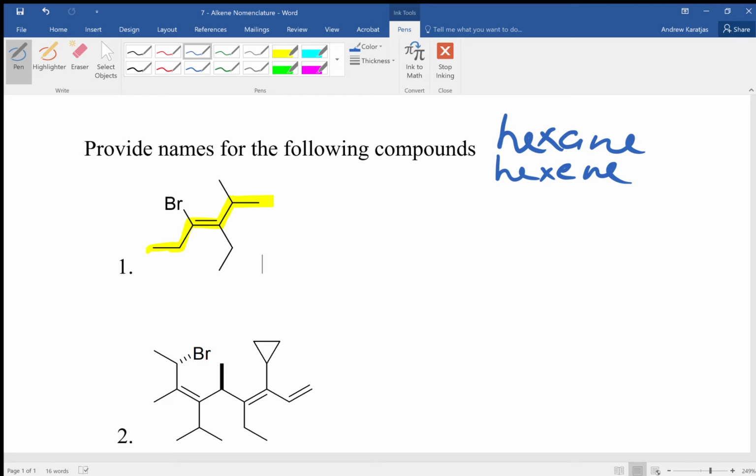Well, we break that tie then by looking at substituents as if there was no alkene. And so if we need to do that, then we're going to end up starting on the right side and numbering to the left. Because going this way gives us a substituent on 2, whereas starting on the left side, our first substituent would be on 3.